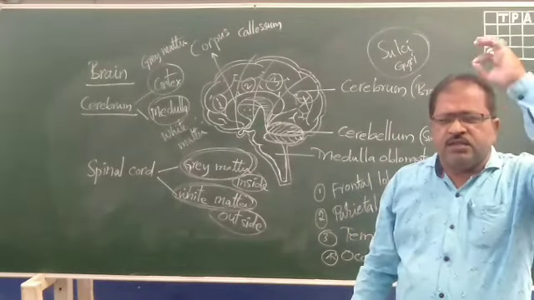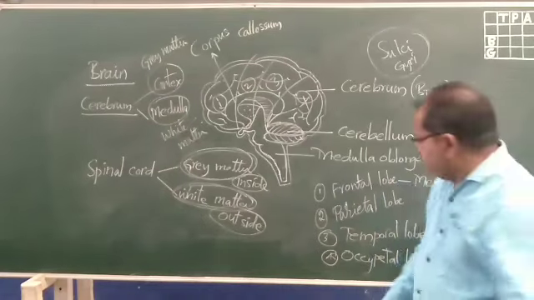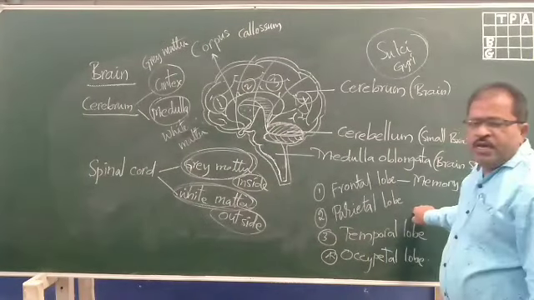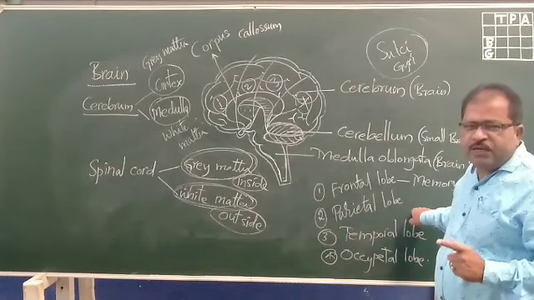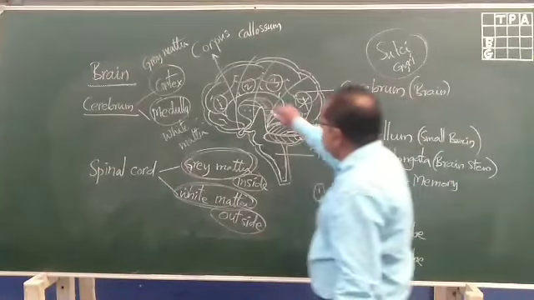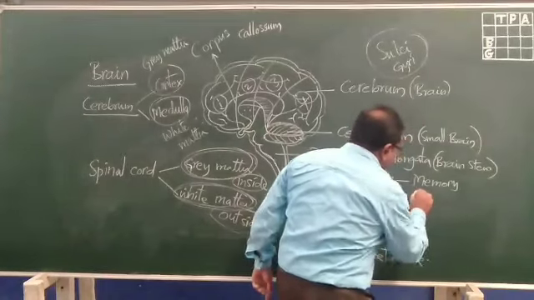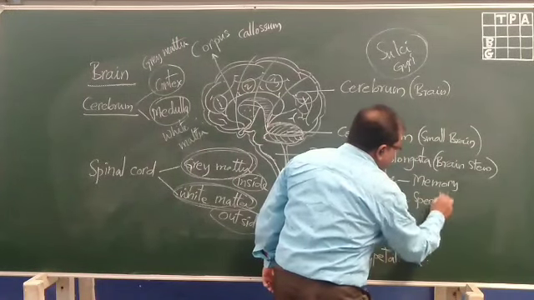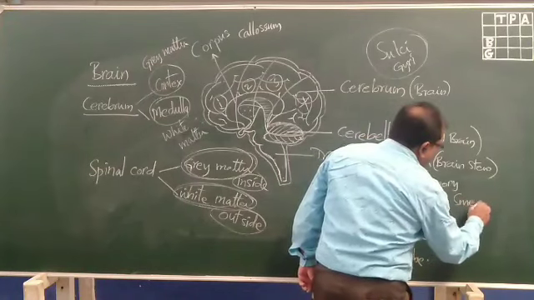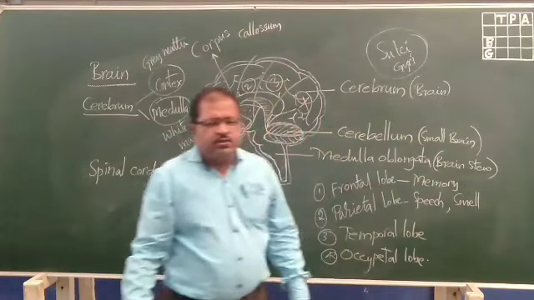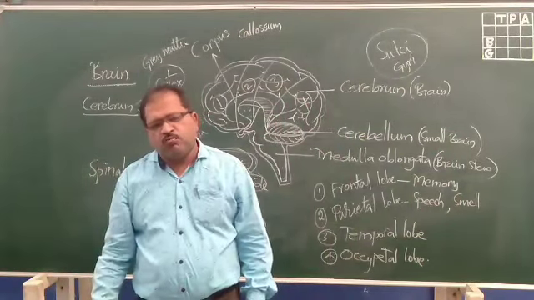The second one is the parietal lobe, which is for speech and smell. According to the situation we speak out, and also the smell is identified in this lobe.